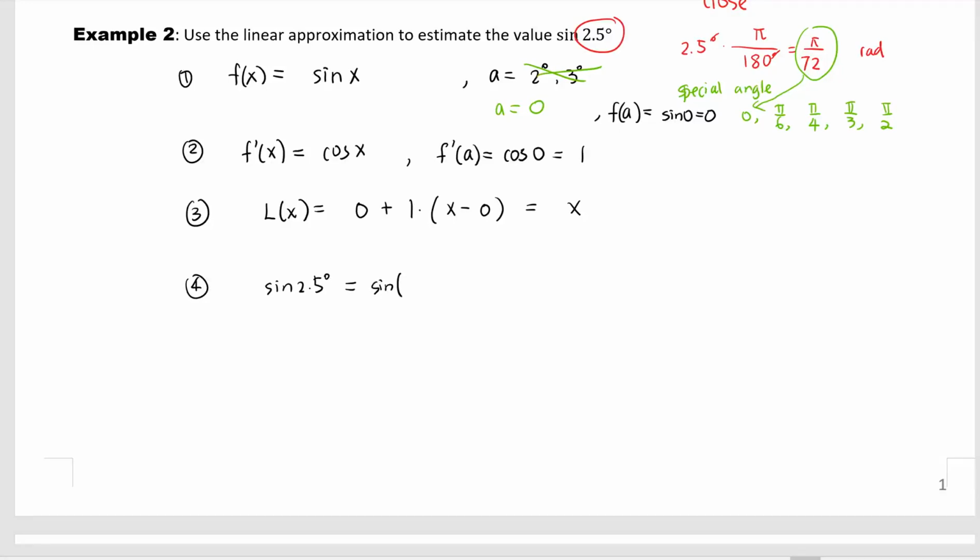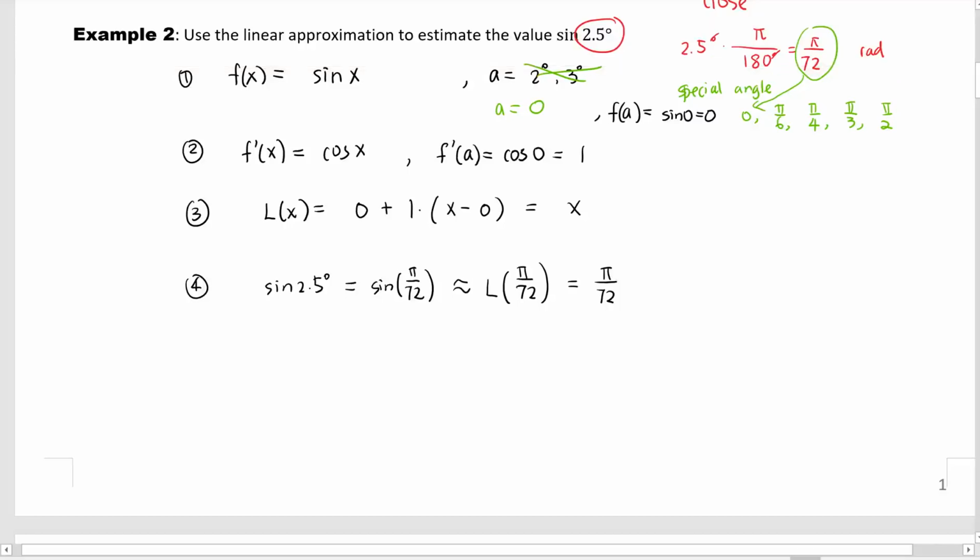That is sine of pi over 72. This is why you must change the degree to radian. Because when you talk about x, that's length. The length, you have to use radian. So that's approximately L of x is pi over 72 radian. So that equals x. So x is pi over 72.